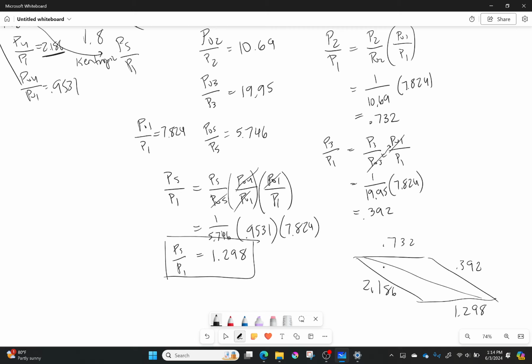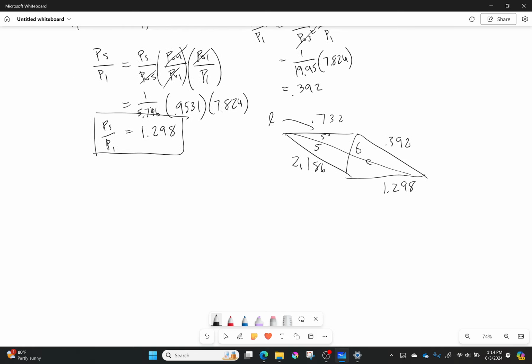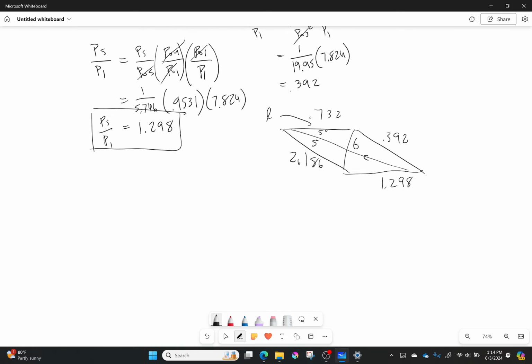Okay, so we have all of those. We have our half angles of 5 degrees. We know that this right here is a length of L, this is a thickness T, and this is a width C. From this, now we need to get our drag and our lift. I showed you earlier how we get drag and lift, so I'm going to go ahead and do that now.